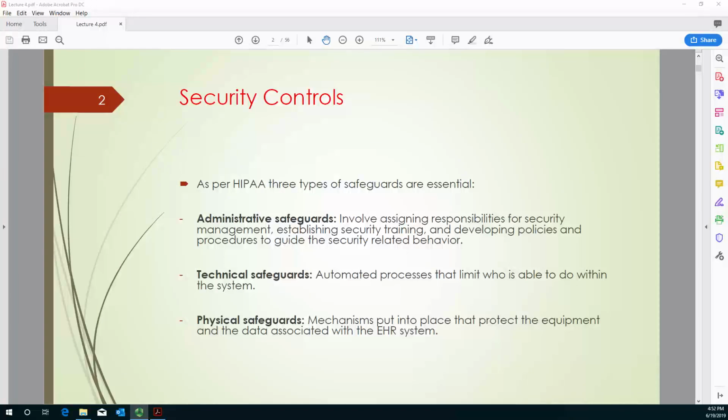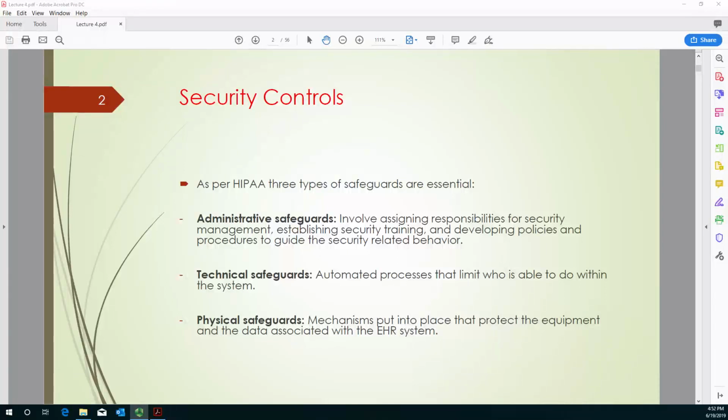HIPAA says there are three types of safeguards that are essential. One is administrative safeguards, where you want the right type of person to access the system. Security training, developing policies and procedures, all those things are very much essential.